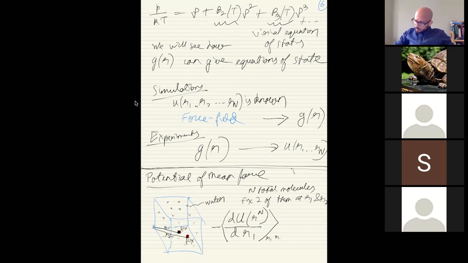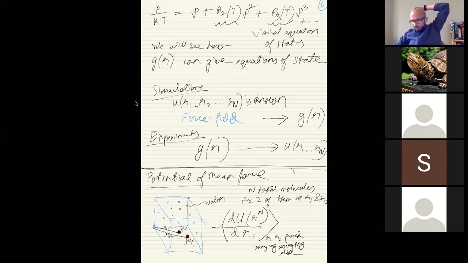keeping r1 and r2 fixed and varying everything else. So this looks very abstract, but let's take a moment to get an intuition for what this is. My claim is that this is actually quite important.